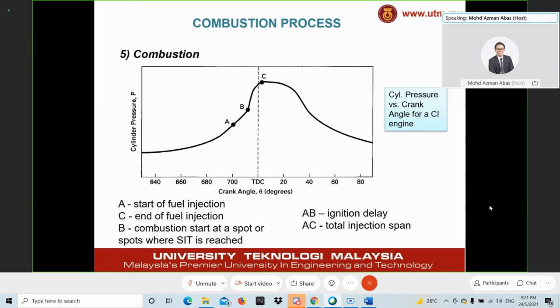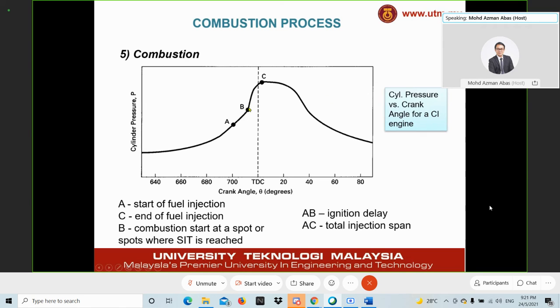But on the CI engine, A is the start of fuel injection, and C is the end of fuel injection. The injection starts from A and continues until it reaches the peak pressure. And B is where the combustion starts to develop.